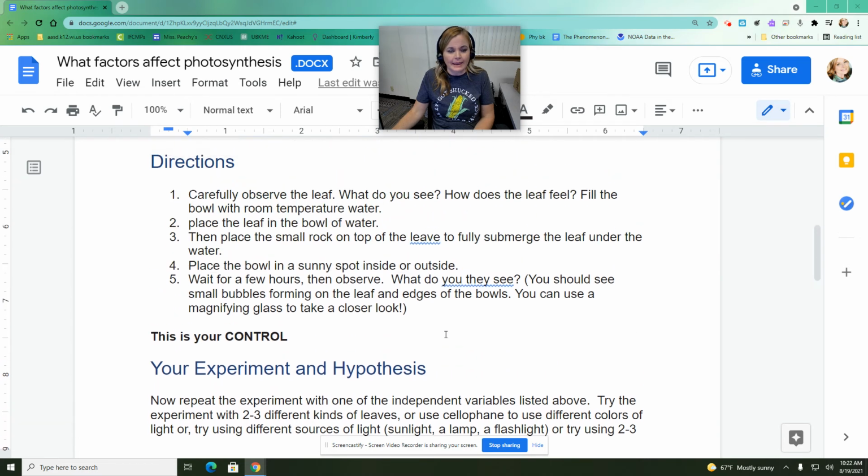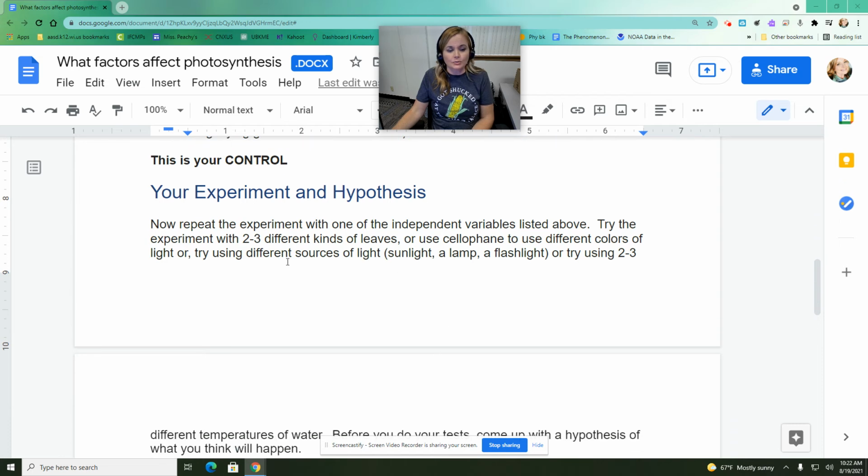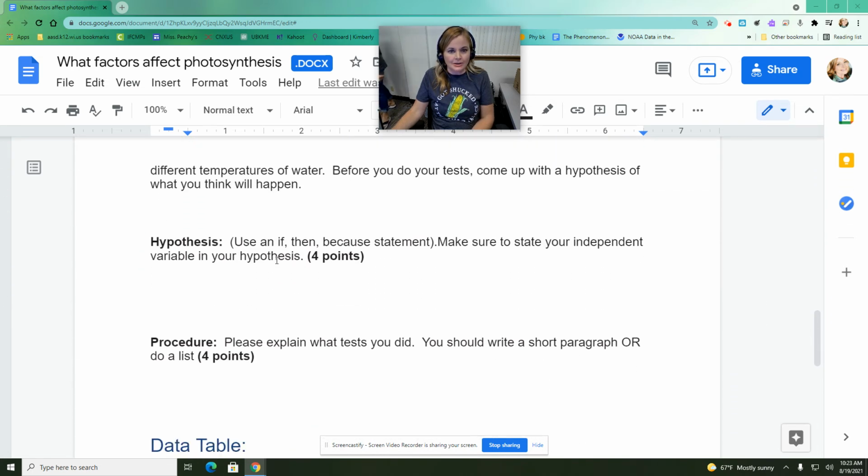And then you will be doing a write-up on that. So you will do your experiment or your hypothesis. And in your hypothesis, you will actually be creating an if, then, because statement, where you will include your independent variable.